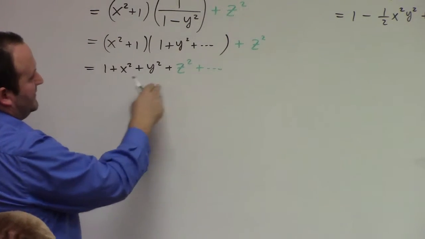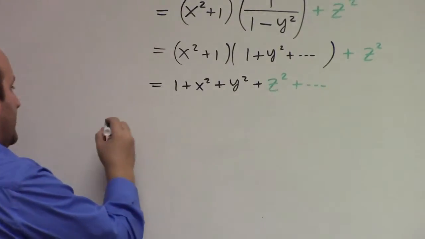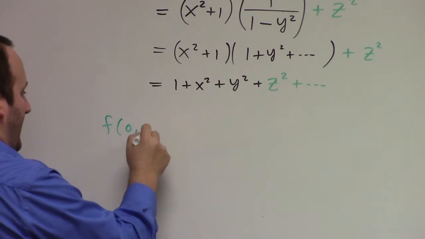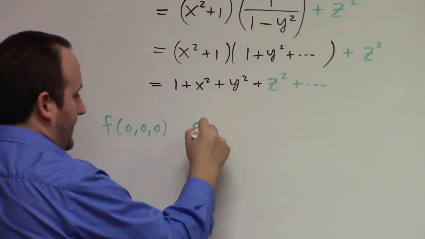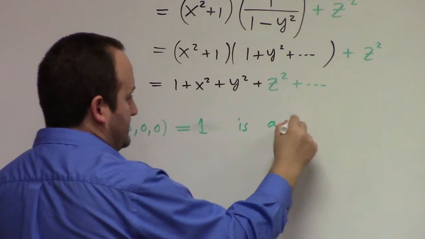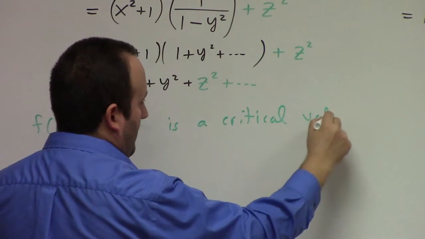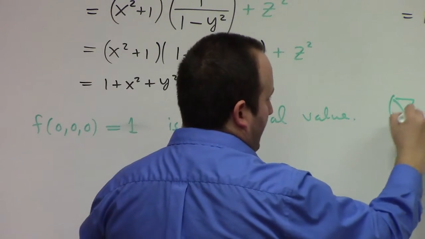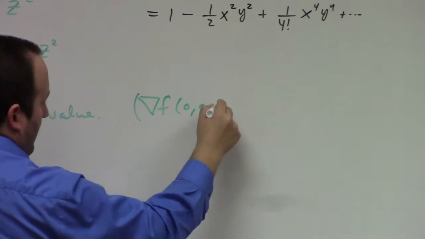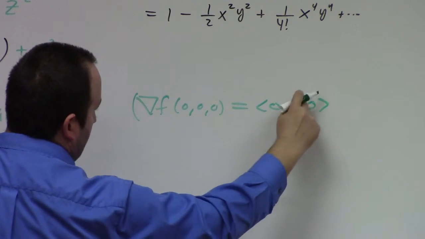So the point is then, I don't really need any kind of fancy algebra to figure out what's going on here. Is f of 0, 0, 0 a critical point? It's a critical value, right? Equal to 1 is a critical value because there's no linear pieces. The gradient of f at 0, 0, 0 is equal to 0, 0, 0.